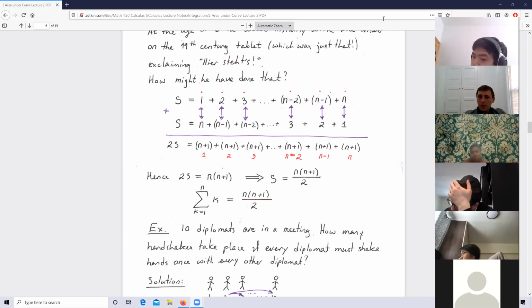Be careful, guys. Well, how many handshakes? David says 90, but remember what's the formula, right? First of all, what's the summation, and then how do you reduce that sum?